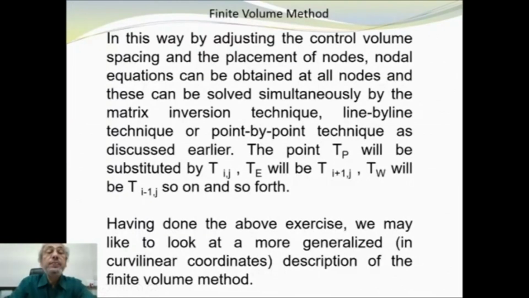So in today's first lecture on control volume, what we have studied is the following: by adjusting the control volume spacing and the placement of nodes, nodal equations can be obtained at all nodes, and these can be solved simultaneously by the matrix inversion technique. So we are talking about implicit formulation. That means the node of interest P will be expressed in terms of its neighbors.